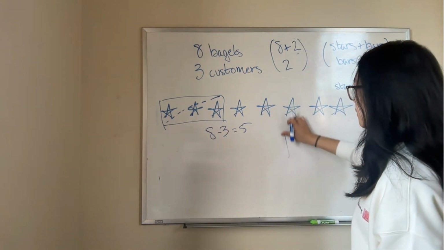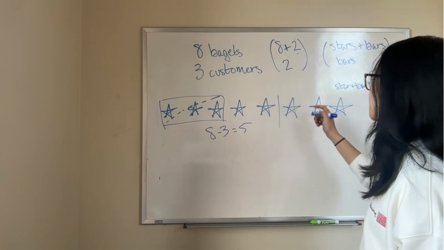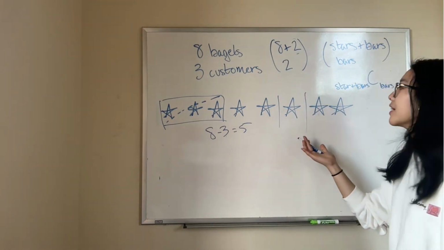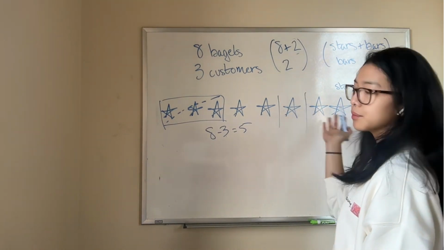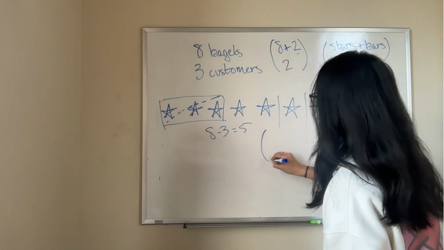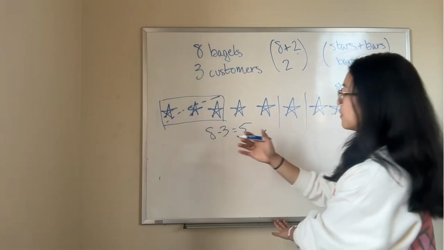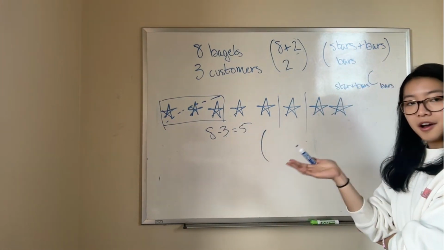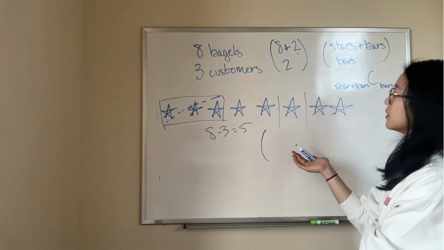And then how do we want to put our bars in now? I'm just going to put them here because I want to put them there. But again, like we said before, you can put your bars wherever you want in your picture, as long as you account for them in the formula. I'm going to give you a second to pause and try filling in the formula on your own.